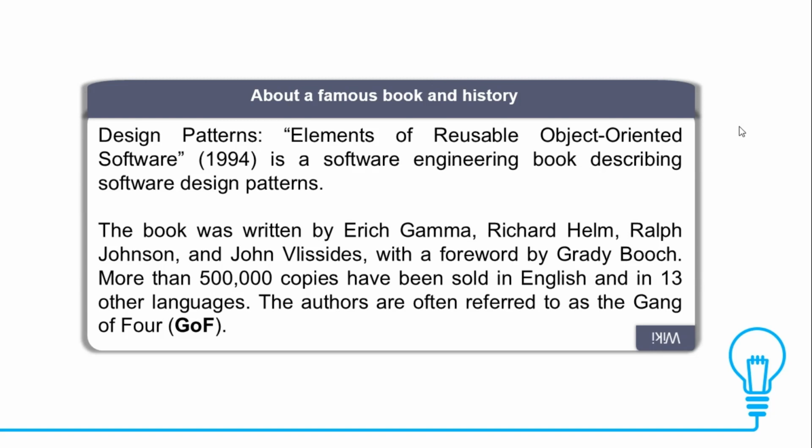More than 5 lakh copies have been sold till now, and it has been translated into 13 different languages. The authors are often referred to as the Gang of Four. If you search on Google for the Gang of Four, you will get links related to design patterns only.